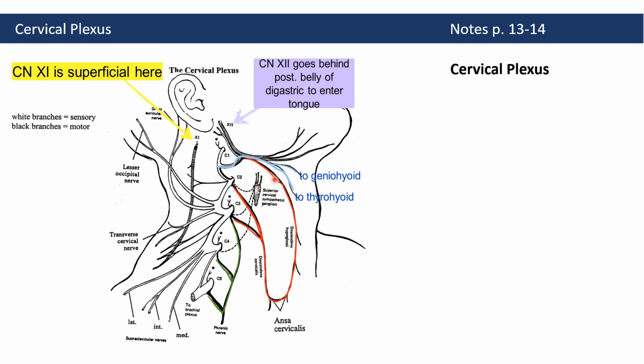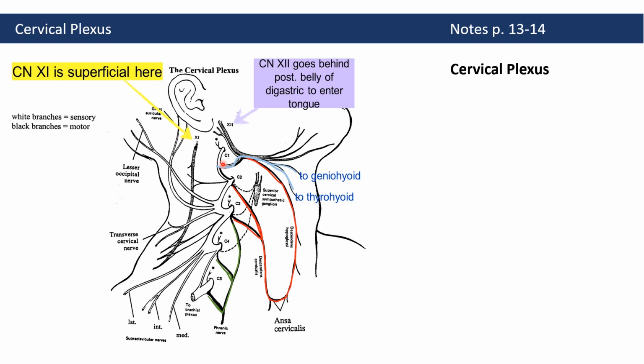The ansa cervicalis, which we've talked about, that's made of cervical nerves C1, 2, and 3, is shown here in red. And remember that the ansa cervicalis innervates the infrahyoid muscles with the exception of the thyrohyoid.